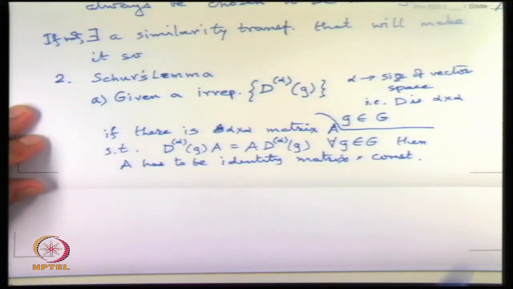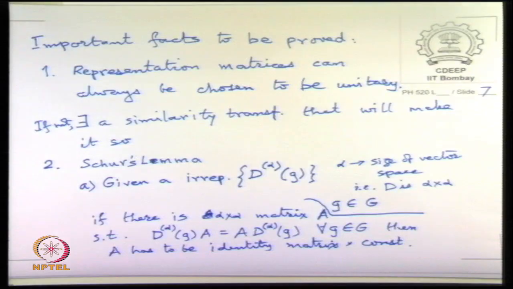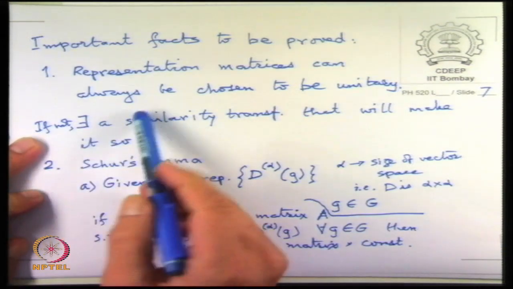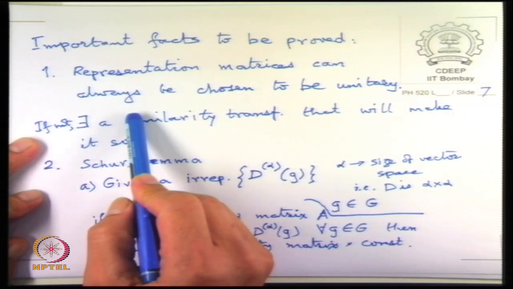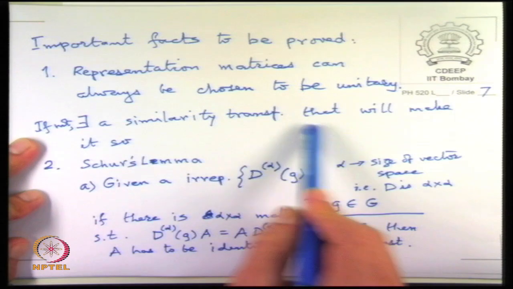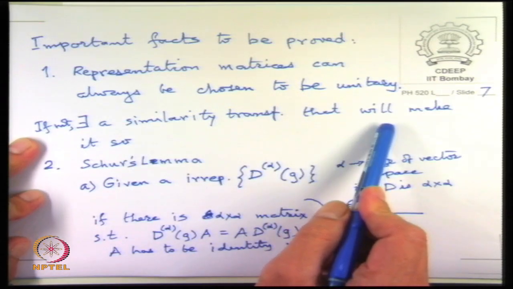But a more non-trivial lemma, which also again looks a bit innocuous, but it's really powerful, as we will see later, is that representation matrices can always be chosen to be unitary, and if you are handed some representation which doesn't look like unitary matrices, there will always exist a similarity transformation that will make it unitary.